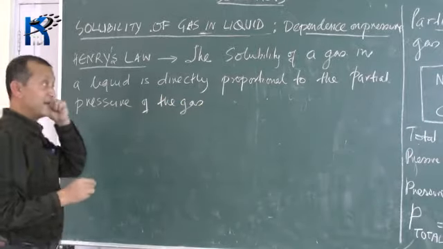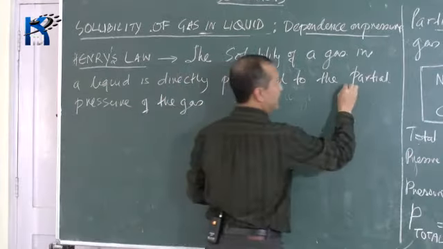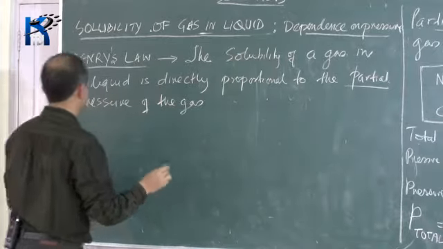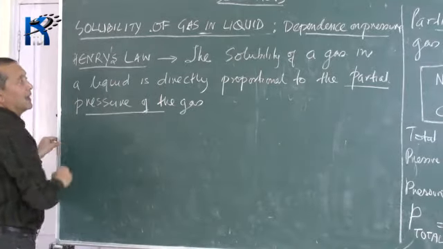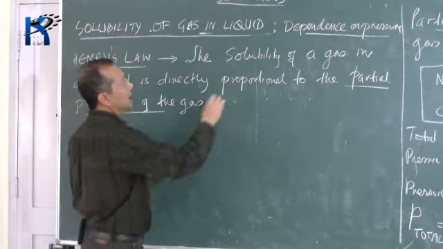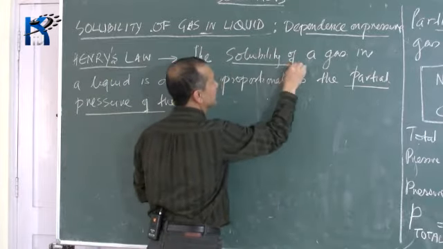So two things you have to see here. First of all, partial pressure of the gas. Solubility depends upon the partial pressure. And the next thing you have to remember is the solubility of the gas.